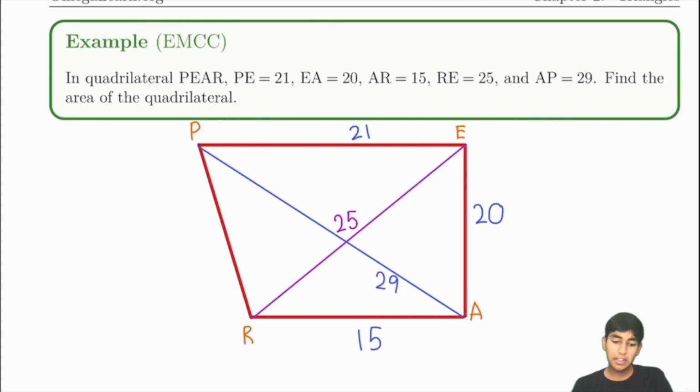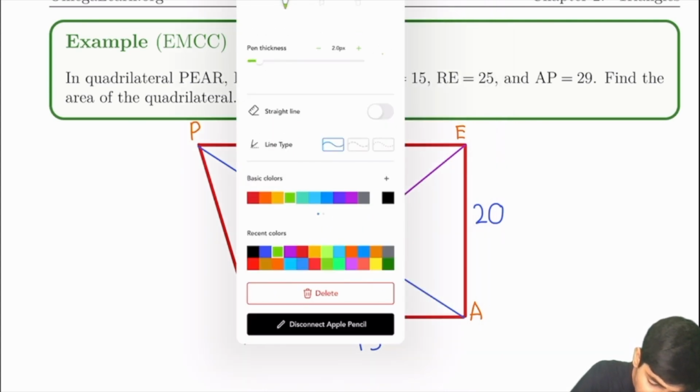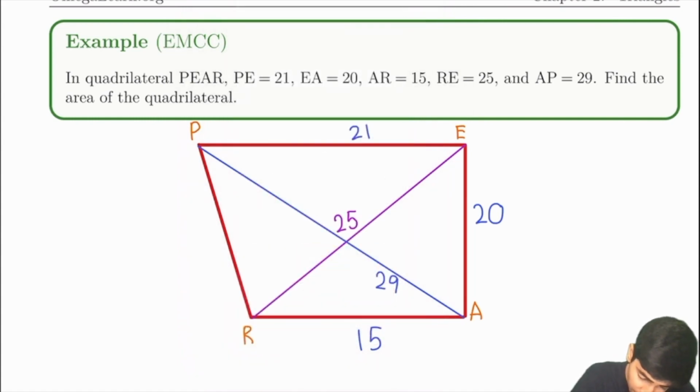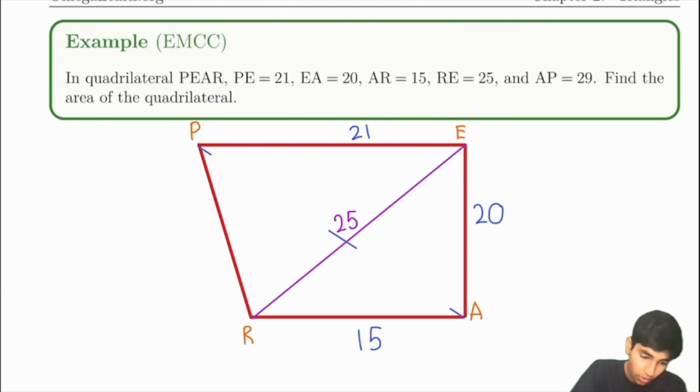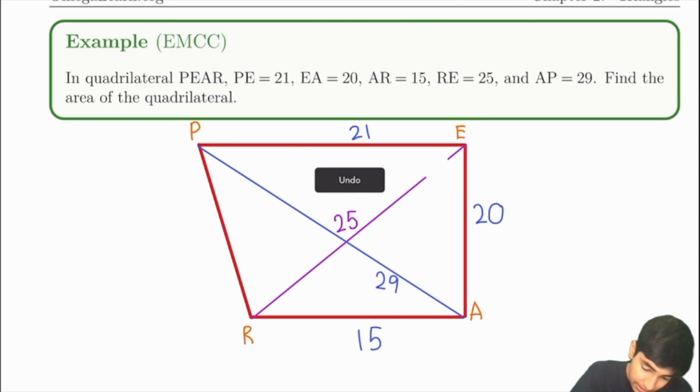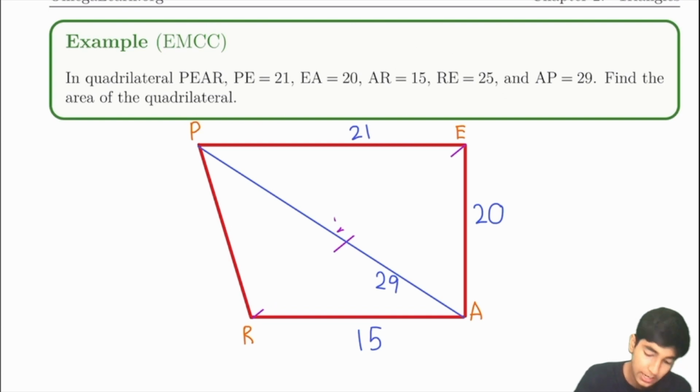Okay, so first thing, for now, actually, what I'm going to do is let's just ignore some parts of the diagram for now. Let's ignore all of the 25 condition for now and focus on the 29 condition. What does this 29 condition really mean? 20, 21, 29.